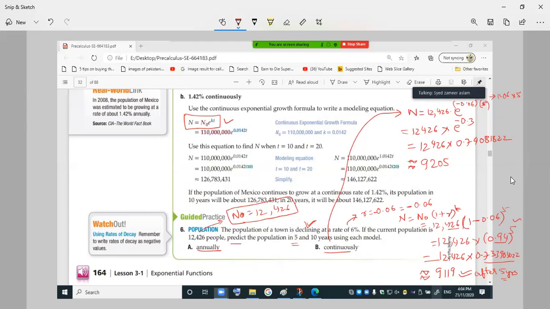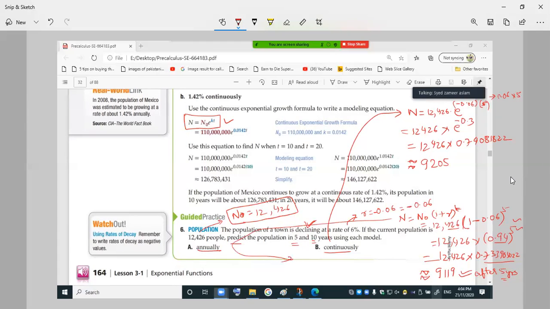In the question we have to calculate after 5 years and also predict after 10 years. So the same thing we will do here for 10 years. Only the change is that instead of 5, we will put 10.